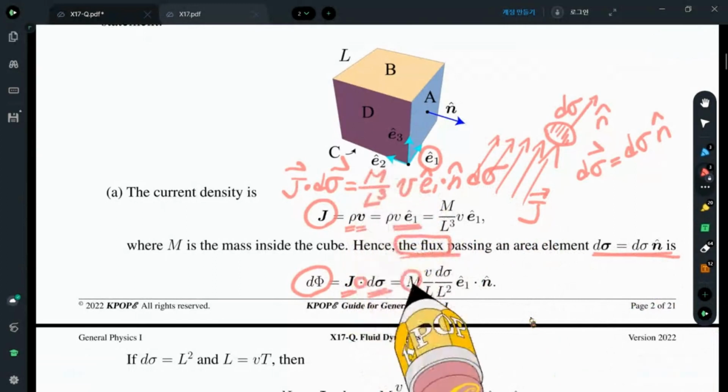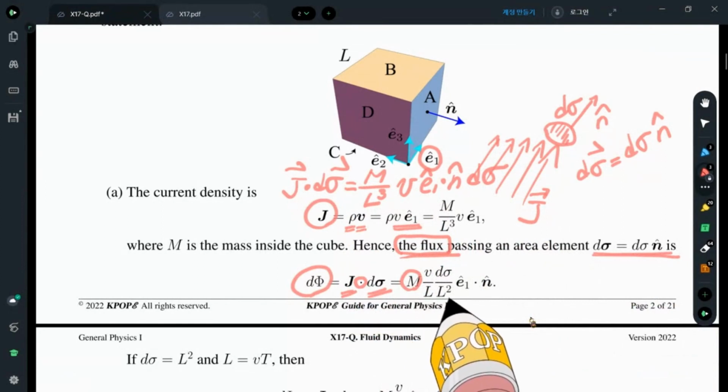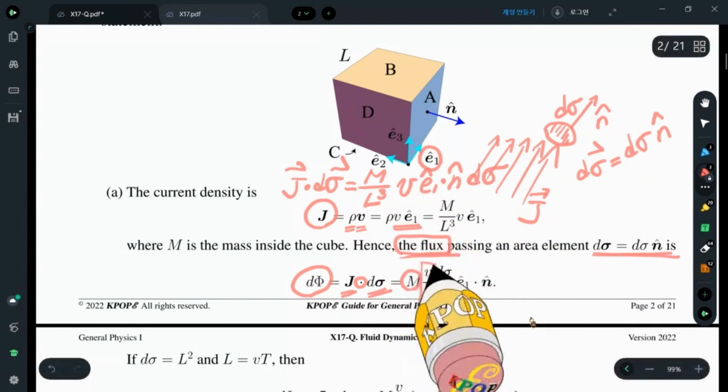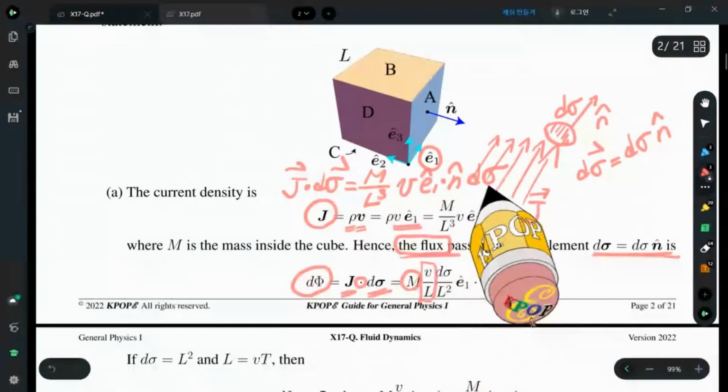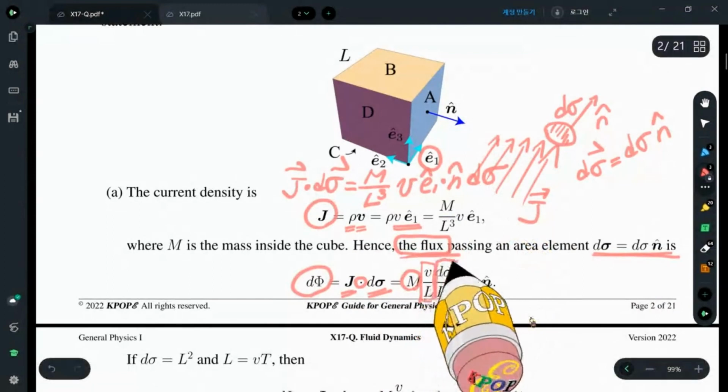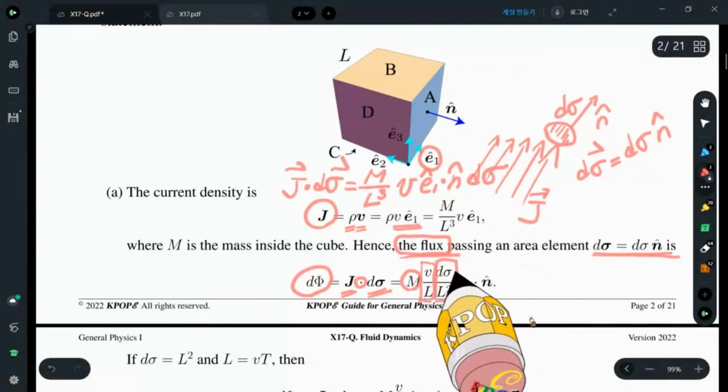L cubed is divided into a product of L and L squared, and v over L is here. We have d sigma over L squared. This is area.